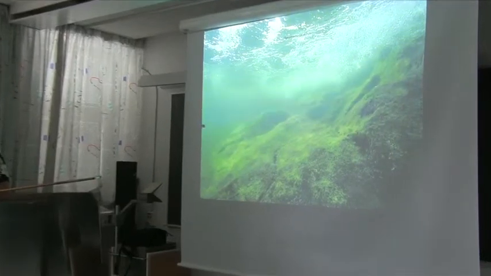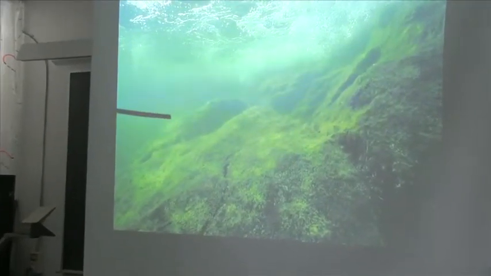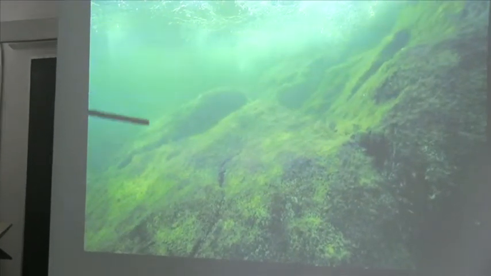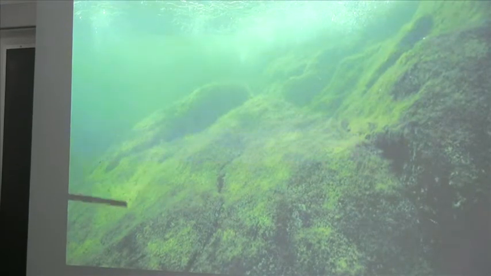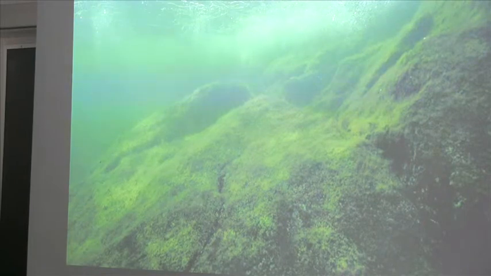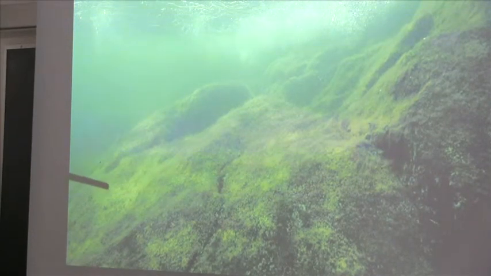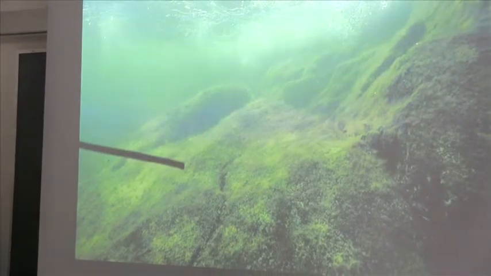So here again, we don't find, for instance, Fucus, which is a species people think of. Well, as long as we see Fucus, everything is good. But here you never will find Fucus because the wave action is too high. You have to know, if you don't find a species, it might be a bad indication, but it also might be just natural.